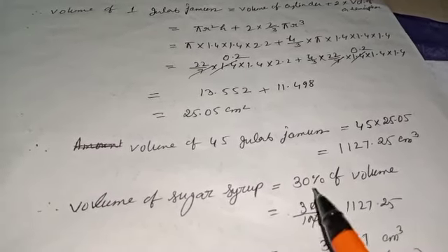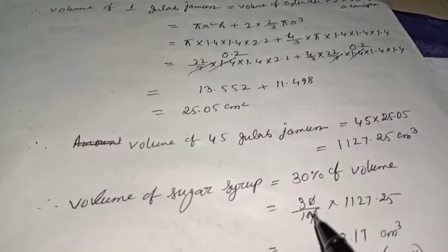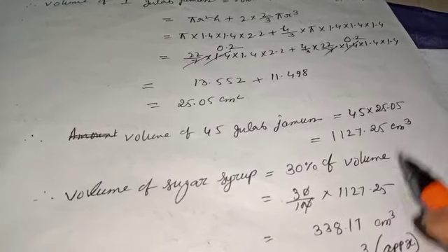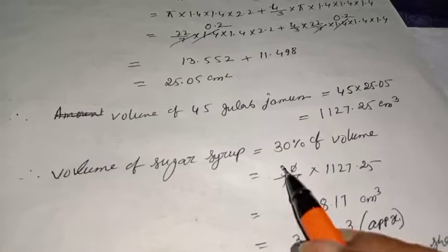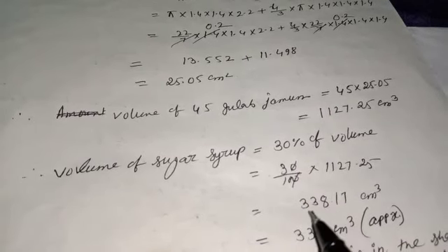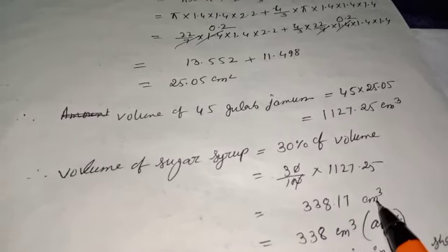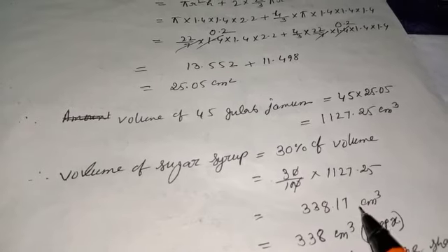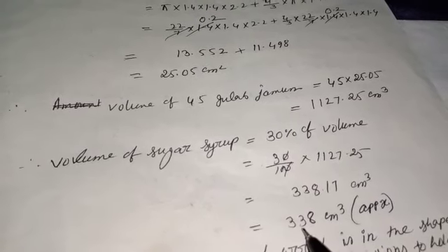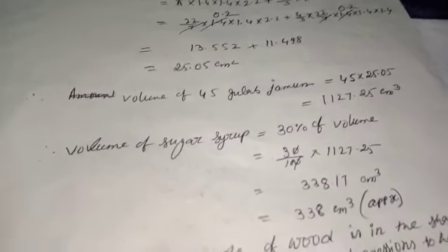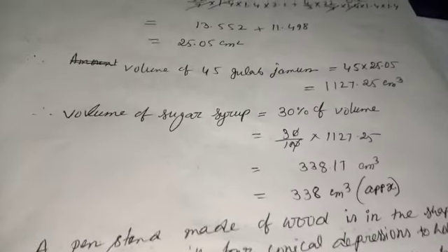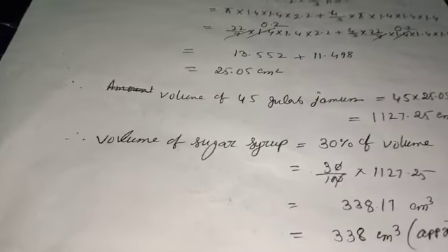So the volume of sugar syrup is 30% of the volume. 30% means 30 by 100 into 1127.25, the 0s cancel. If you calculate this, you will get 338.17 centimeter cube, and approximately you can say 338 centimeter cube. Clear? So this is the final result, 338 centimeter cube.